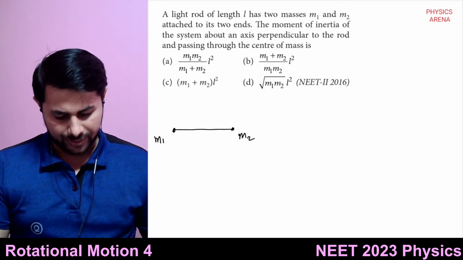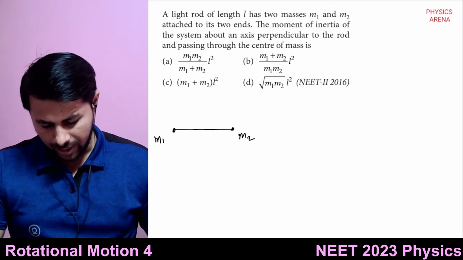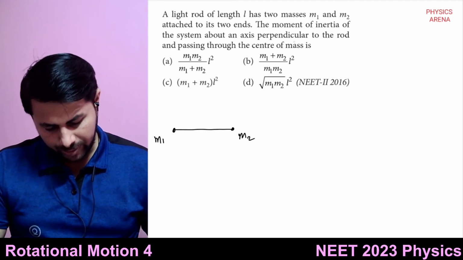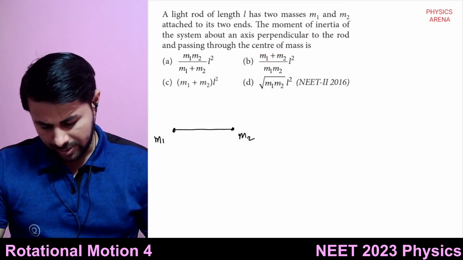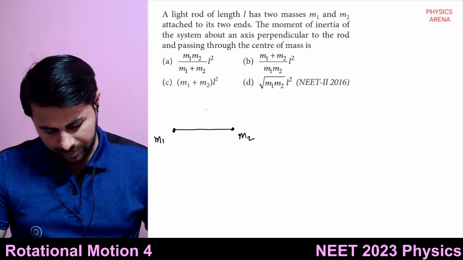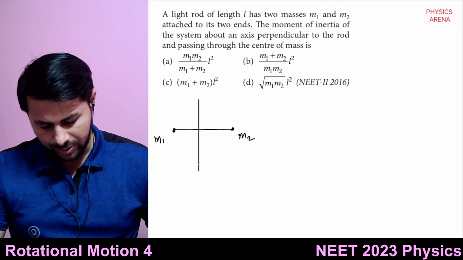We have to find the moment of inertia about an axis perpendicular to the rod and passing through the center of mass. Suppose m1 is greater, the center of mass would be towards m1.